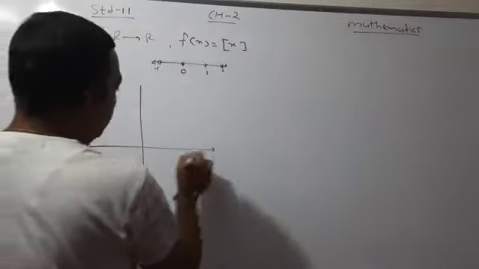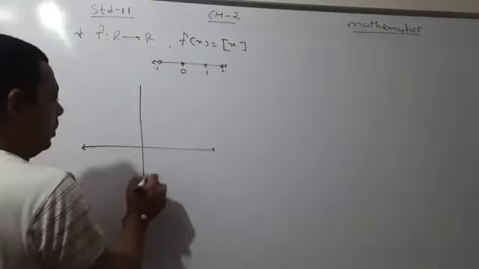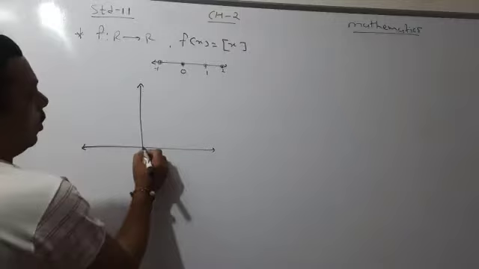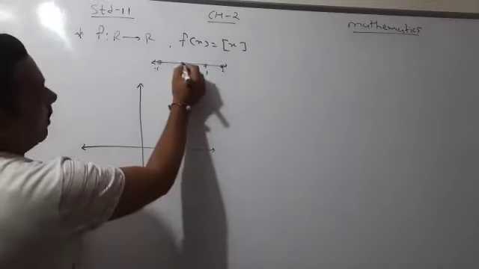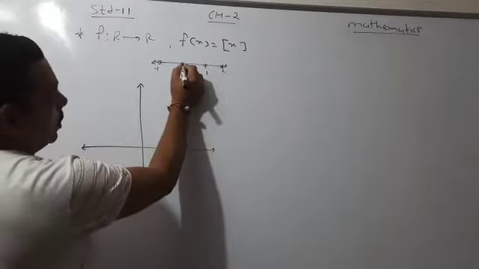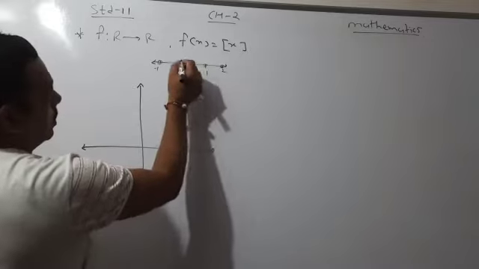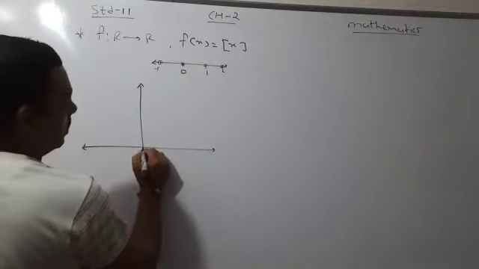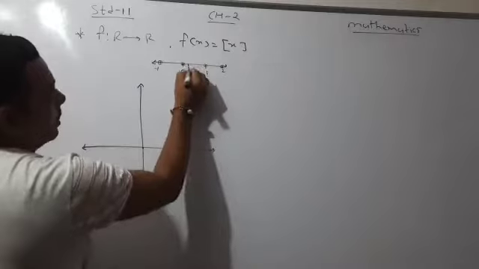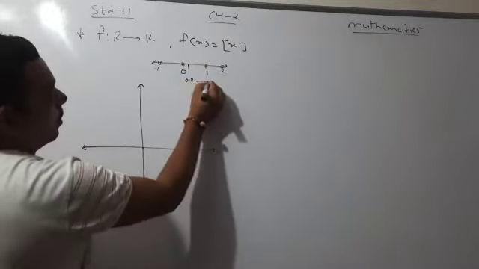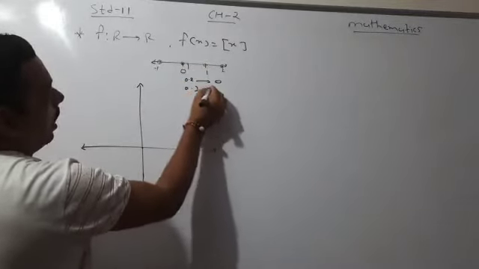If you place all these values on the graph paper, then observe: if I consider any number between 0 and 1, 0 is an integer, so at 0 the answer is 0. If it is 0.2, I have to consider the answer 0. For 0.3, I have to consider 0.